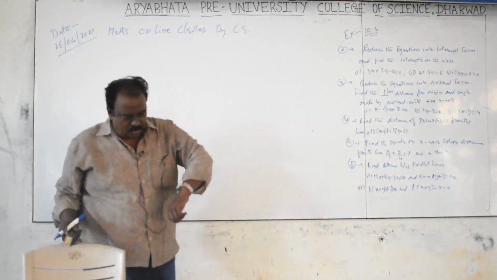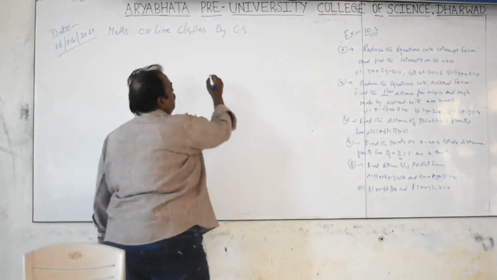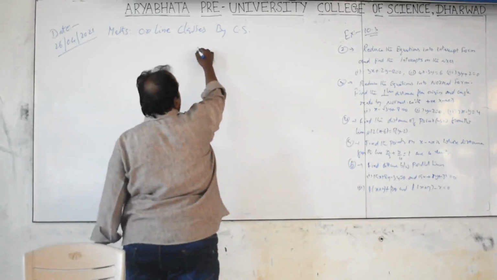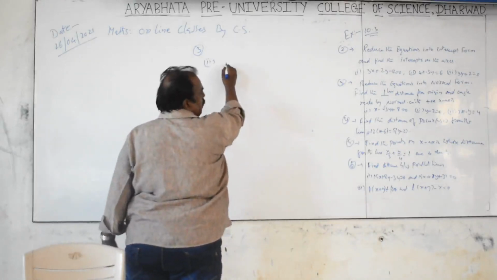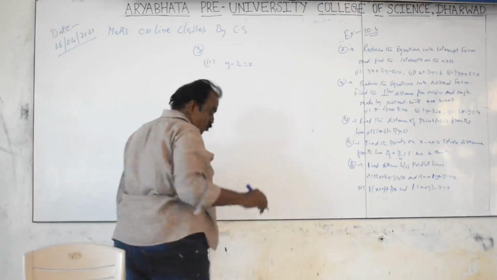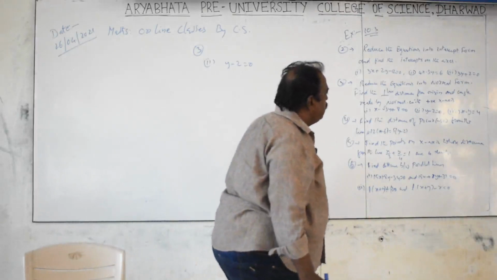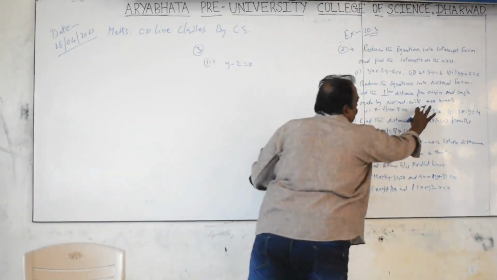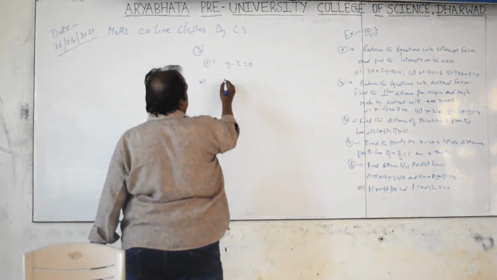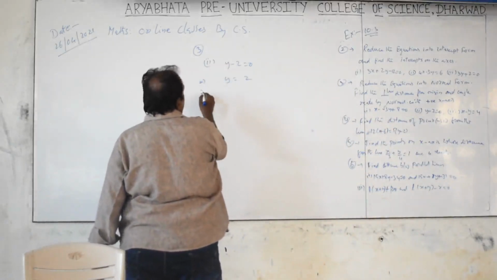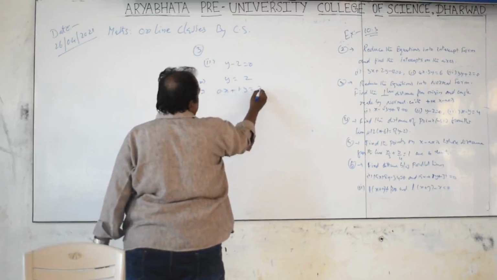Now we'll go to the next problem, the second one. In the third Arabic number, the second problem is y minus 2 is equal to 0. That is y is equal to 2, which is 0 into x plus 1 into y is equal to 2.